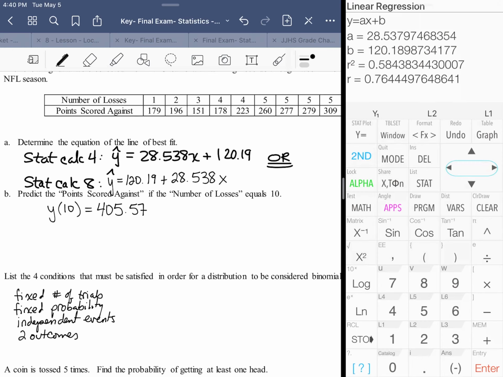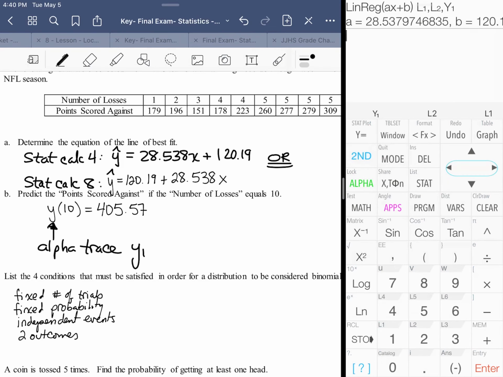Both answers are equivalent and both are full credit answers, so I'll put an or there. If it's a multiple choice question on the test, you just got to be able to recognize them both as being equivalent. Now it says predict the score scored against if the number of losses equals 10.